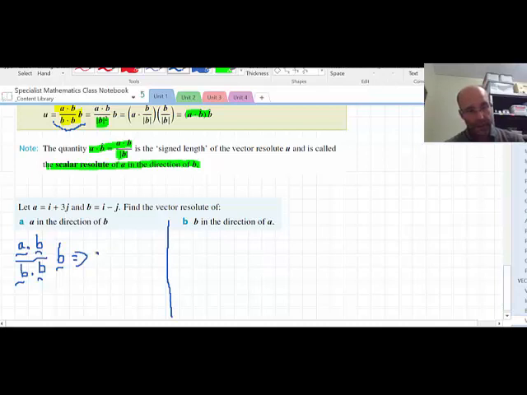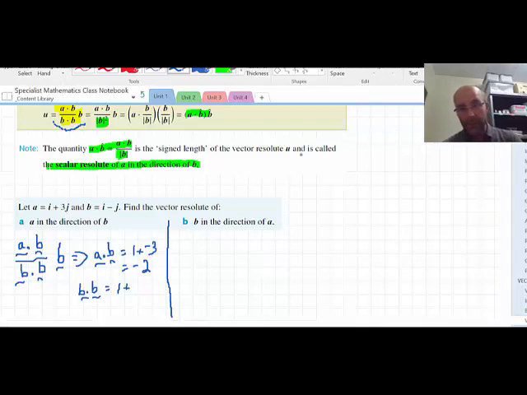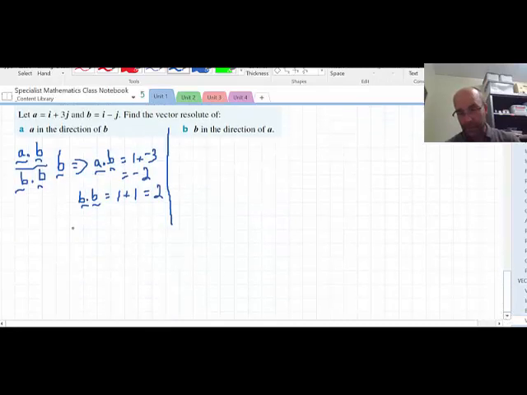Let's see what we've got. A dot B, let's work that out first. A dot B is 1 times 1 plus 3 times negative 1, which is negative 3, which is negative 2. So A dot B is negative 2, and B dot B is 1 times 1 plus negative 1 times negative 1, which is 2.